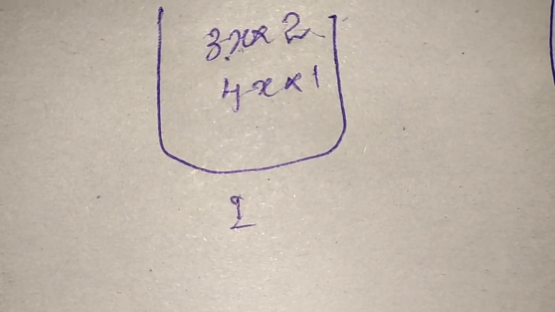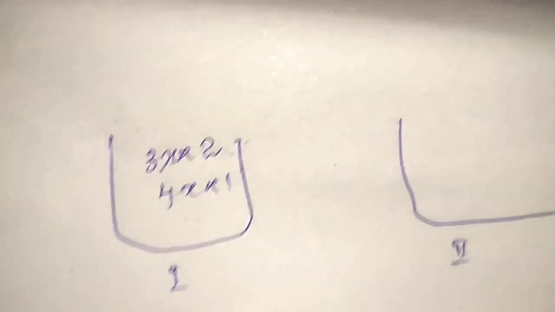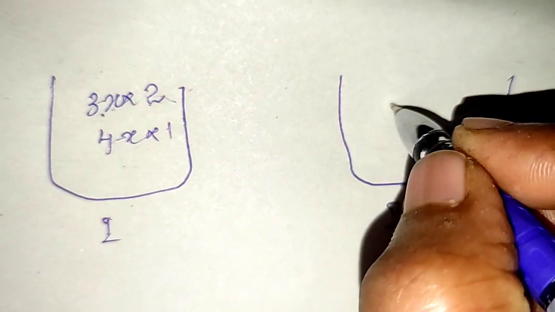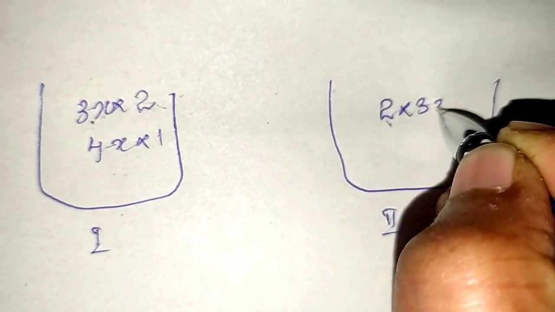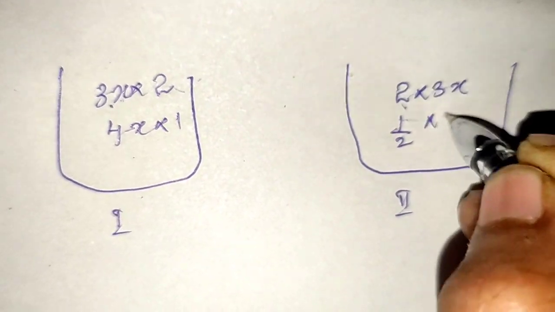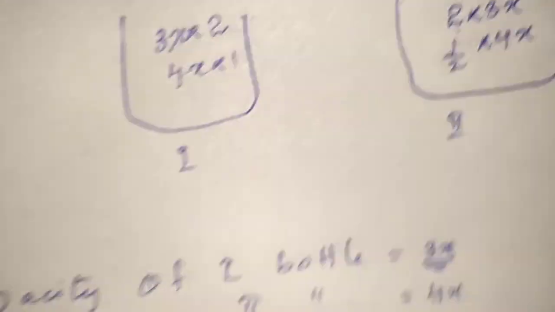Half the larger was emptied into the other. Here in the second one, twice the smaller, that is 2 into 3x, and half the larger, half of 4x, is emptied into the second vessel.